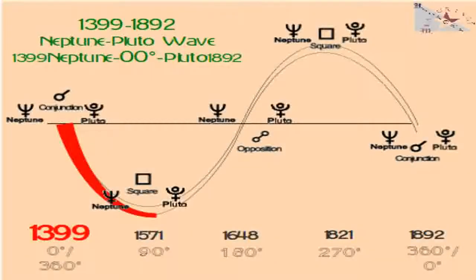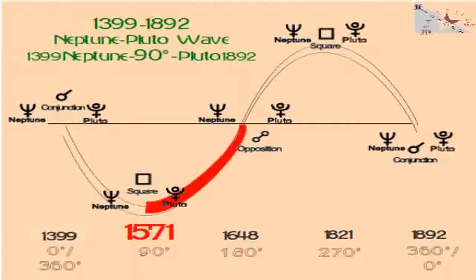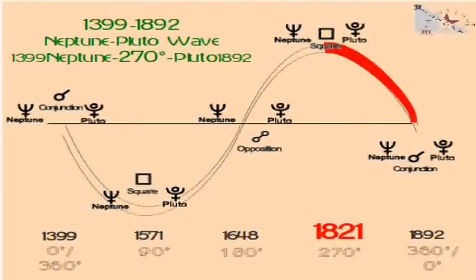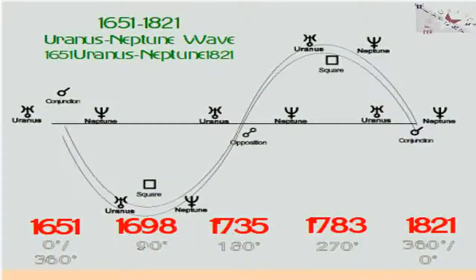History does follow along the path of quadrature alignments. It's really amazing. I know it's not believable at first, but when it's demonstrated, it's very, very real that history actually mirrors the quadrature alignments of the outer planets.